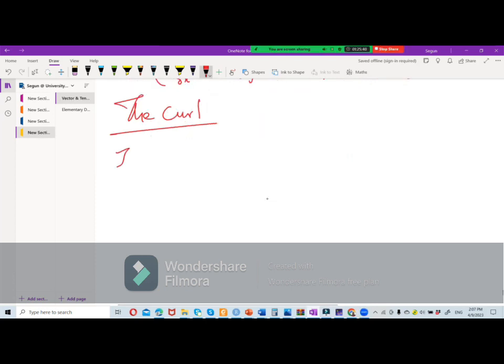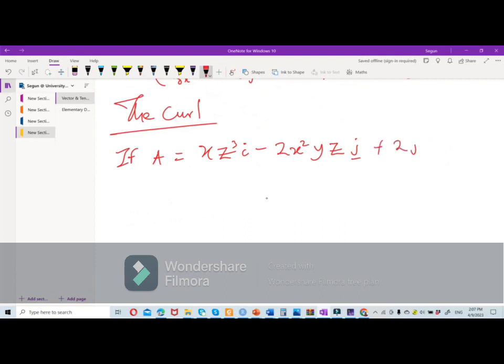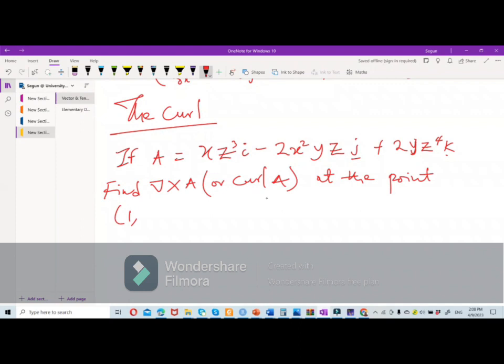Now, if A is equal to xz³ i minus 2x²yz j plus 2yz⁴ k, find curl A, that is del cross A, at the point (1, -1, 1).